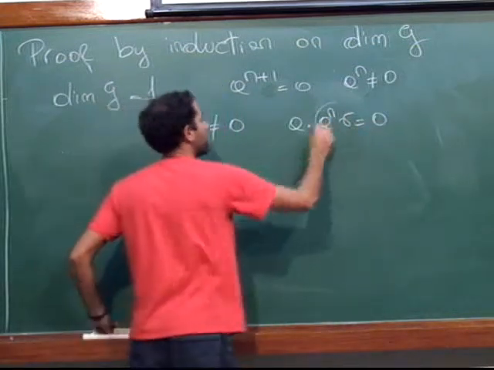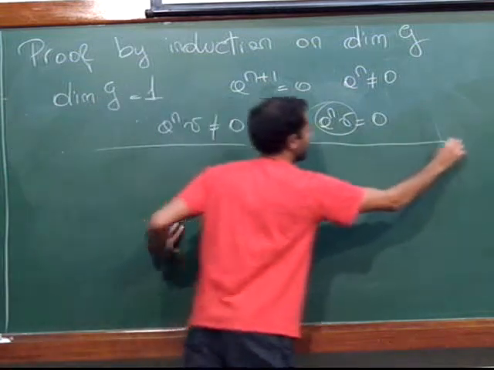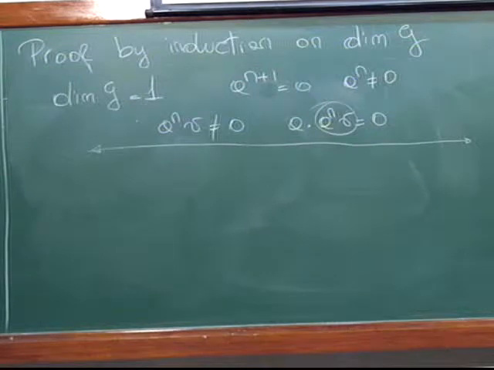So this guy would do. So when the dimension is 1, we know. We have one vector that gets killed by all of g.